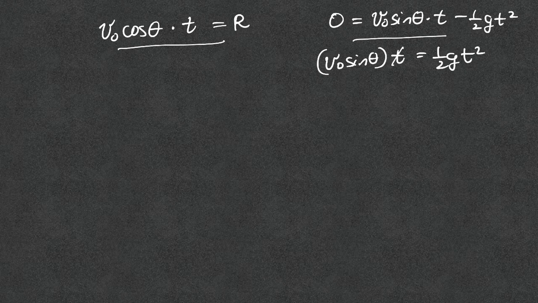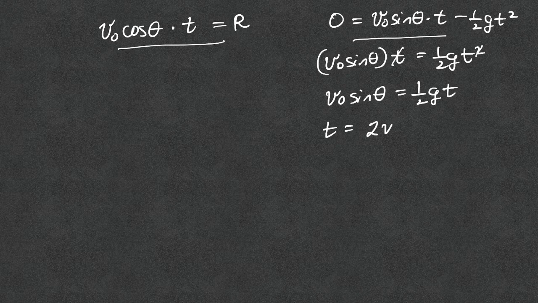And as long as t is not equal to 0, I can cross out one of the t's, and I get v naught sine theta equals 1/2 g t. So I'm going to solve that for t. t equals 2 v naught sine theta over g. And now I'm going to plug that in up here.